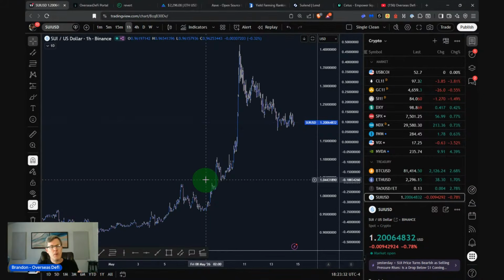There is a smart contract that is facilitating the swaps automatically. When somebody swaps one token for the other, the smart contract takes care of that. And then the smart contract also takes care of collecting all the trade fees and then distributing those fees to all of the liquidity providers.